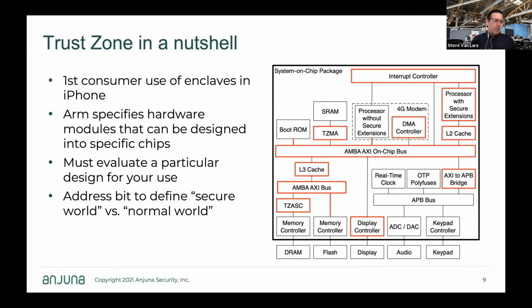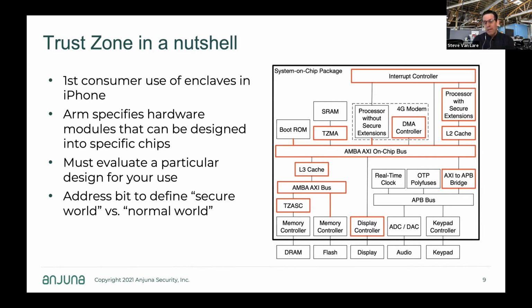So very much a great use for enclaves, because literally if you take the phone apart and you get a bus analyzer out and you try to watch the bits going back and forth and extract the biometrics, all you're going to get is encrypted data.